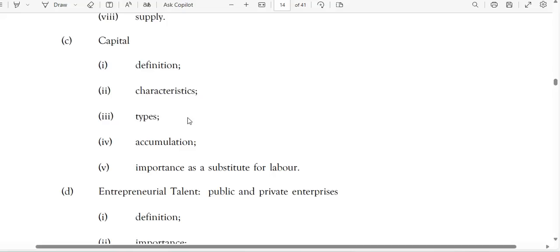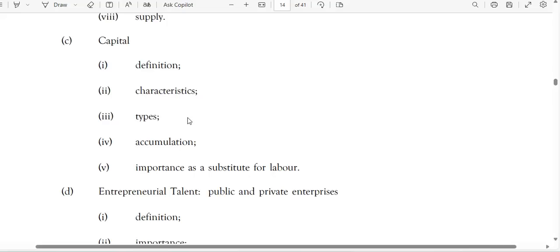So those are the ways you can accumulate capital. Importance of capital: increases productivity and efficiency, helps in mass production and reduces unit cost, boosts innovation and growth, and it allows for specialization and division of labor.